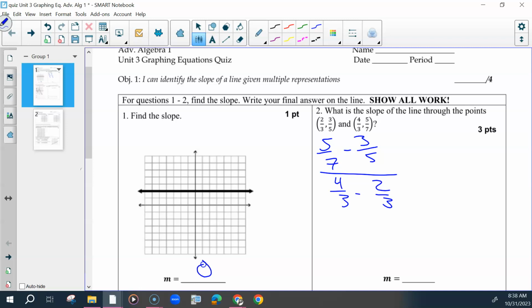Most of you chose to multiply these by 7 and these by 5. I think that was the lowest common denominator of the two anyway. So 25 35ths minus 21 35ths. These two you could have either simplified now or waited.